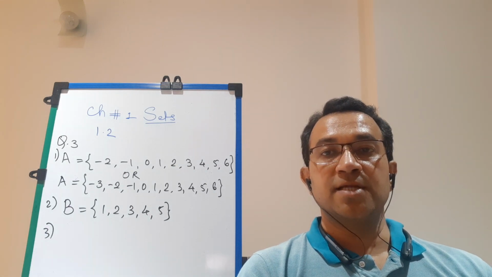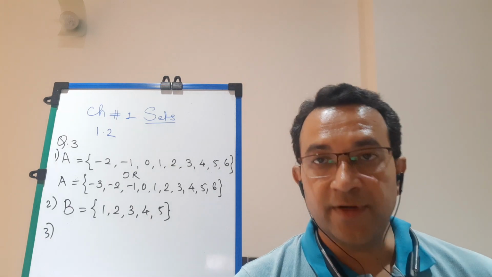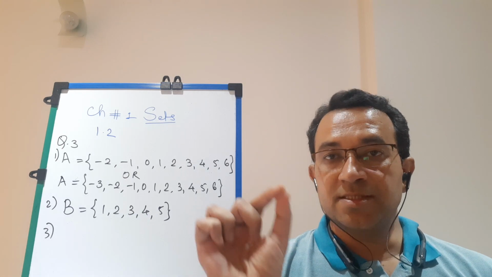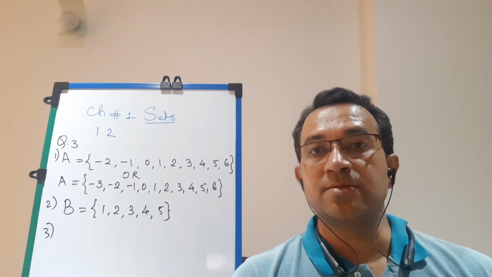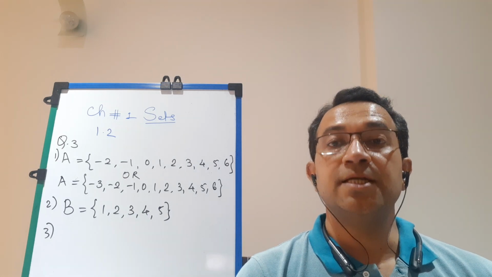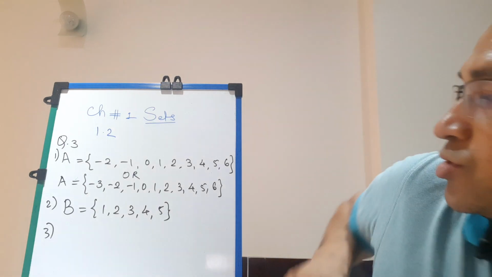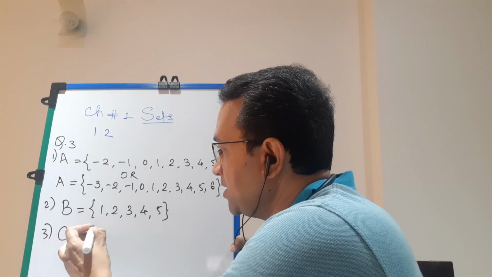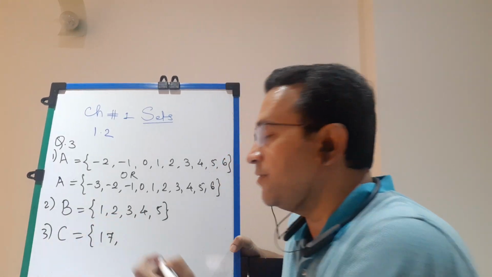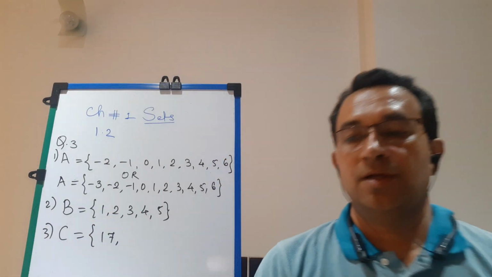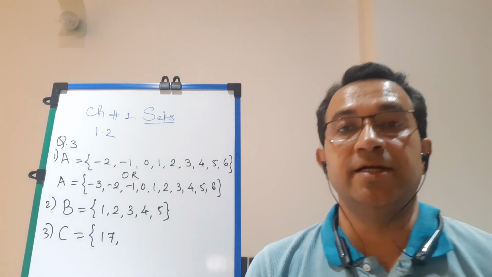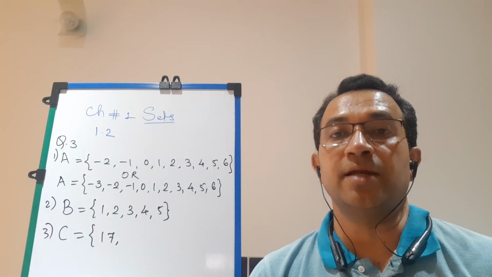If I start, then I should write 17, because in 17, 7 is the units place and 1 is the tens place. The addition of 1 and 7 is how much? 8. So if this is set C, the first number will be 17. Okay, students, after 17, which number should I write?